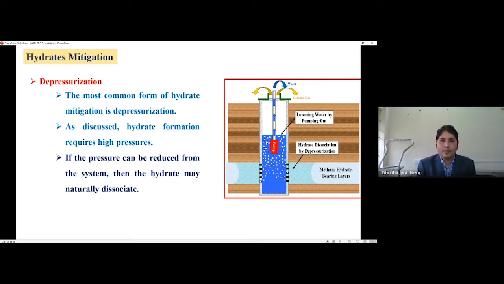So if the pressure of the water is reduced, because the water will be holding the gas hydrates, hydrate can be dissociated from inside of the well, inside of the tubing, and inside of the flow lines. This is how hydrate can be mitigated.